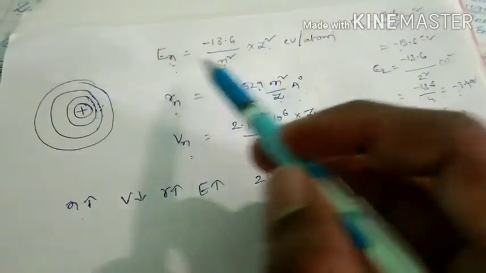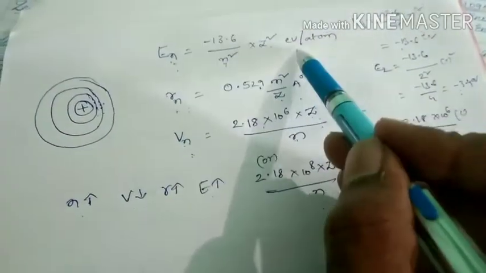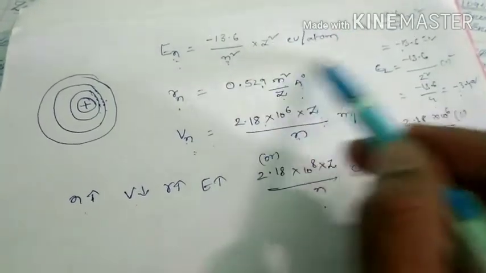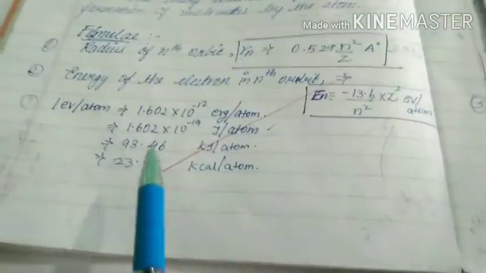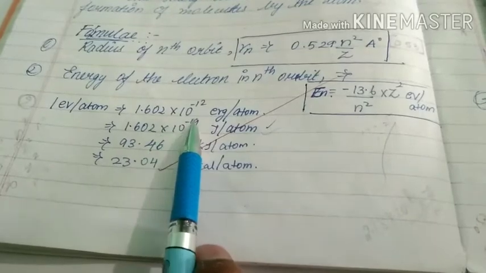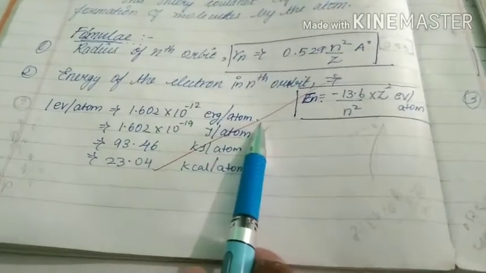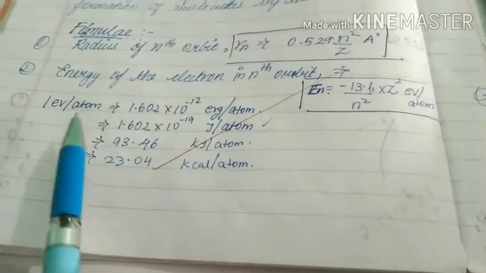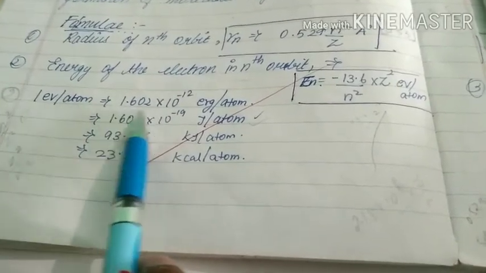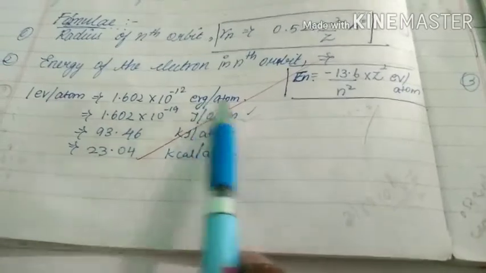What we know is energy in electron volts per atom. Then in such cases we have to convert these dimensions. So 1 electron volt per atom equals 1.602 into 10 to the power of minus 12 erg per atom. That means if you multiply the electron volt value by this value, then you get that value in ergs per atom.